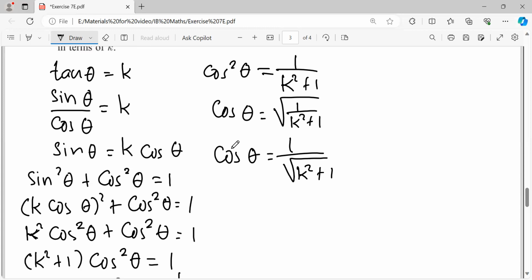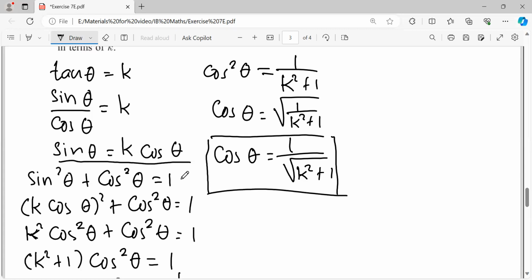This is cosine theta. So what's sine theta? As you know, sine theta equals k times cosine theta. So sine theta equals k times 1 over square root k squared plus 1.